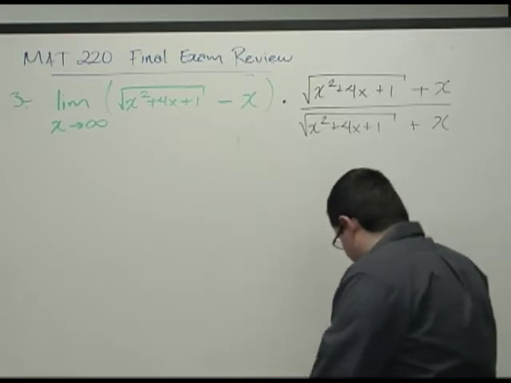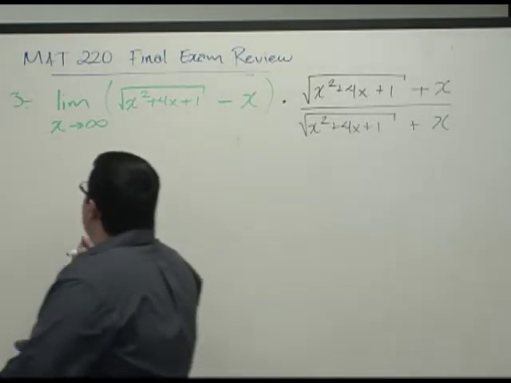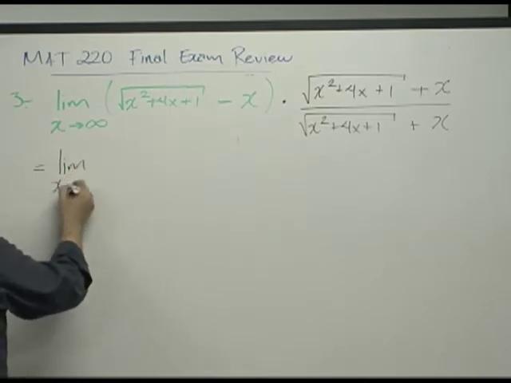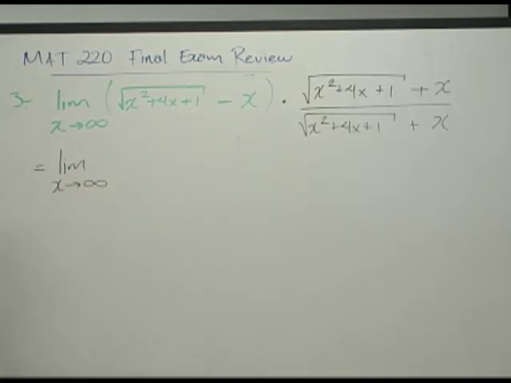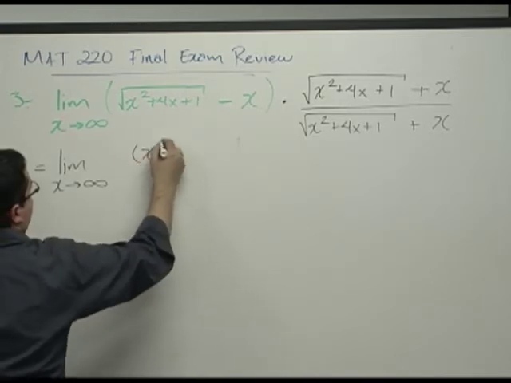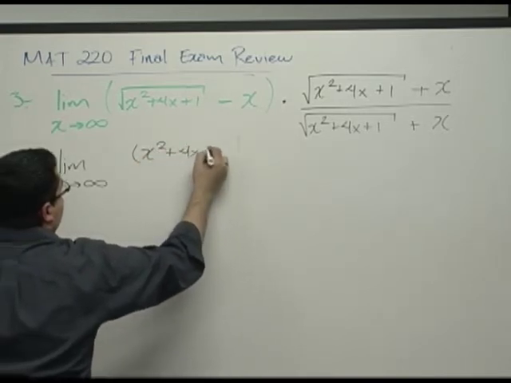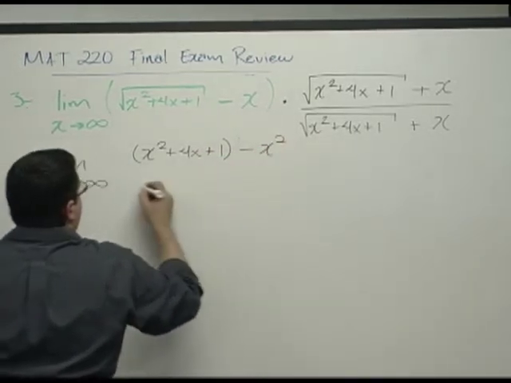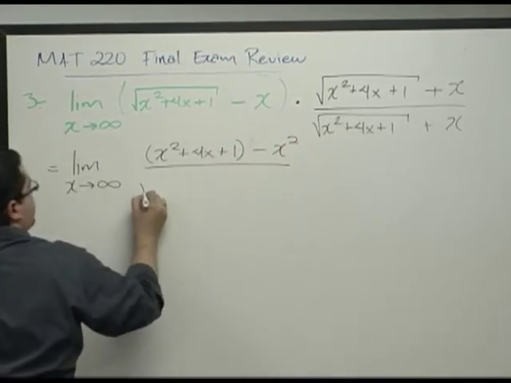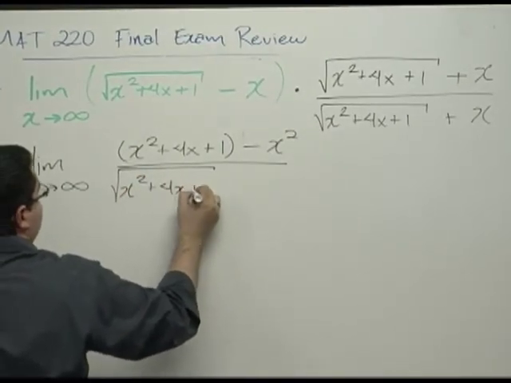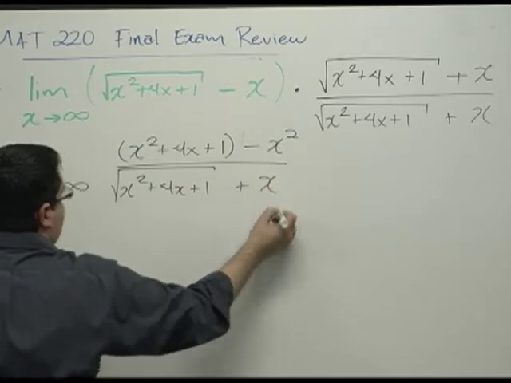So in this case, we have this limit as x goes to infinity of the top reduces down to x squared plus 4x plus 1 minus x squared. And the bottom is now the square root of x squared plus 4x plus 1 plus an x.